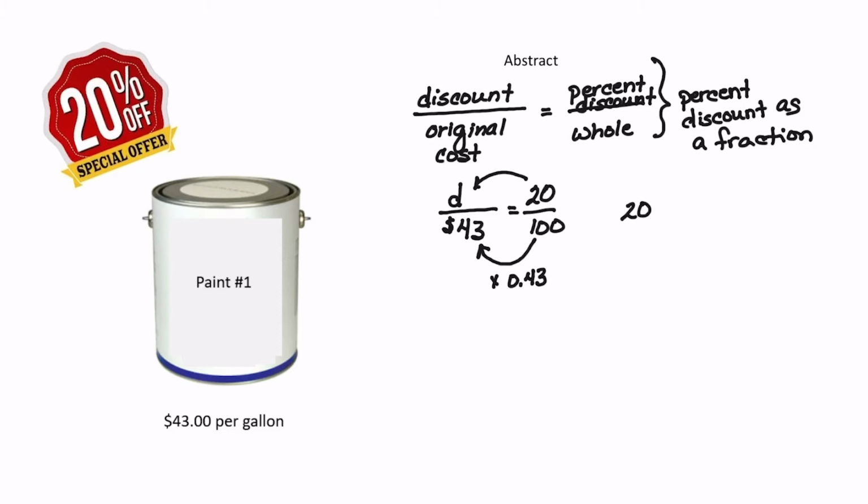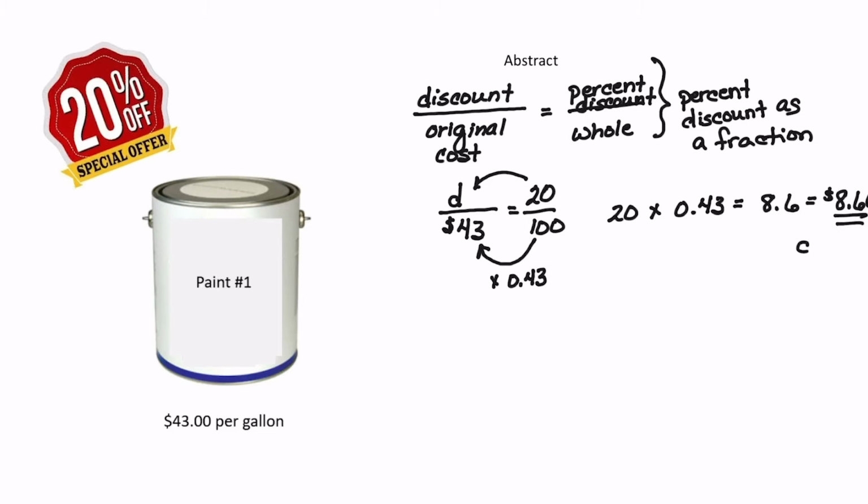And I'm just going to do my work off to the side. I'm going to say 20 times 43 hundredths. And once I multiply that, that's going to give me 8.6, or 8 6/10. I'm going to change that to money, and that's going to be $8.60.